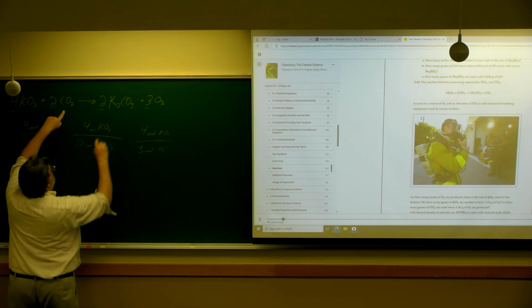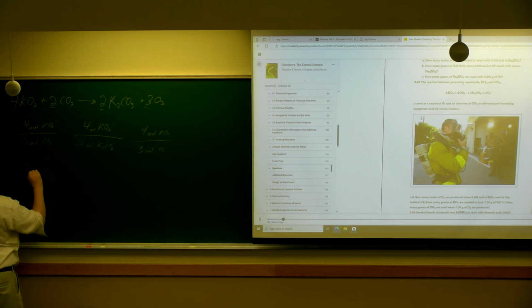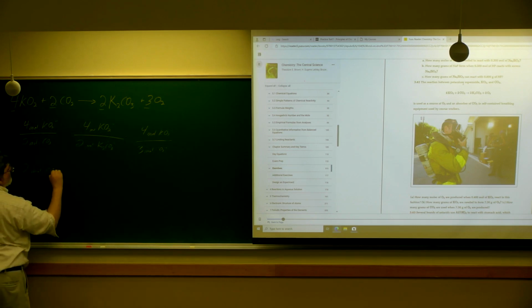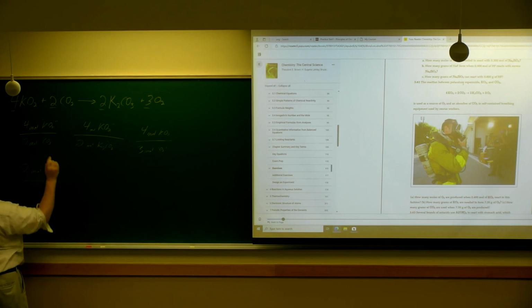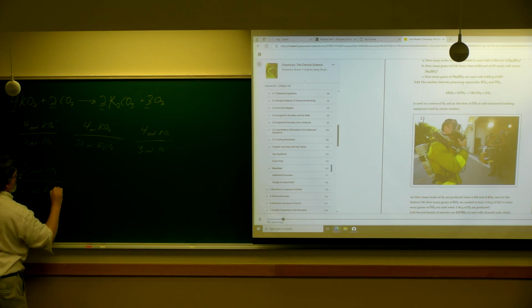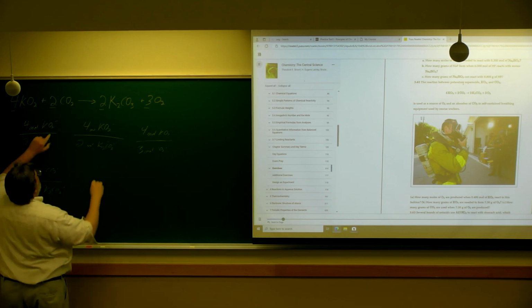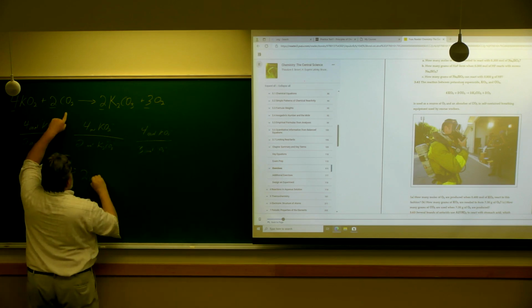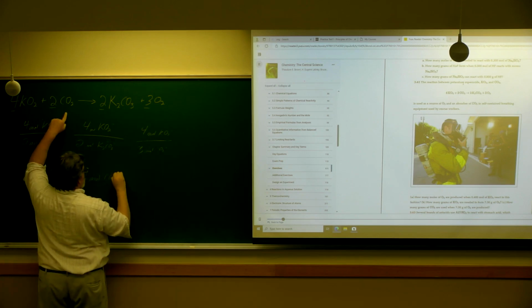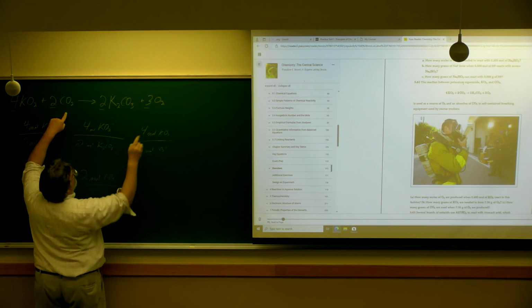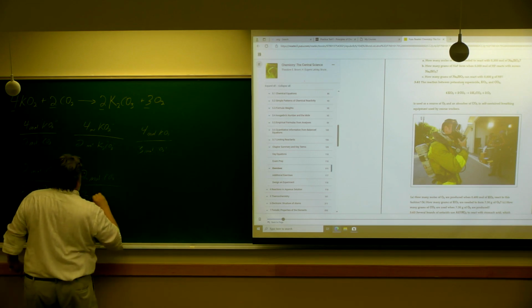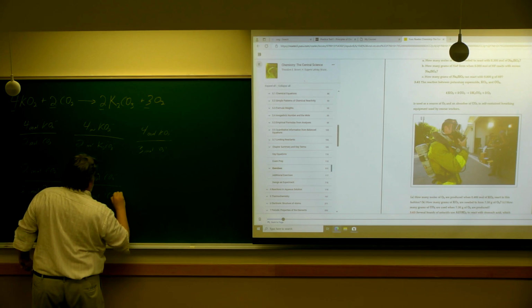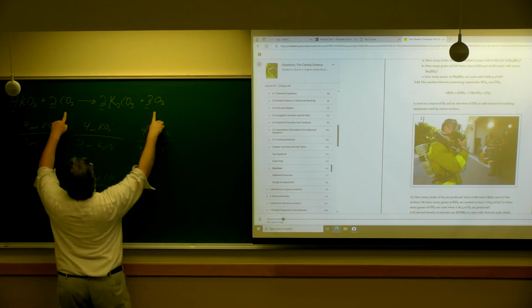So it's CO2 to K2CO3, 2 moles, 2 moles. And then there is another one, there's these, so 2 moles of CO2 to 3 moles of O2, and I was here, but there's actually one more.